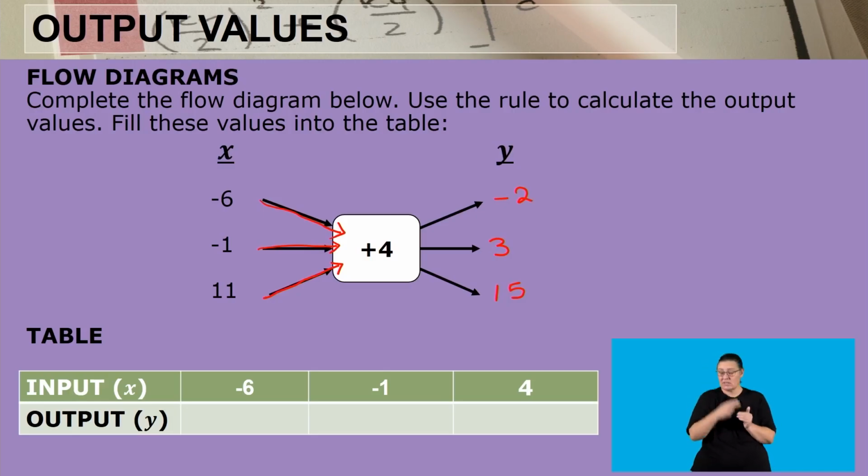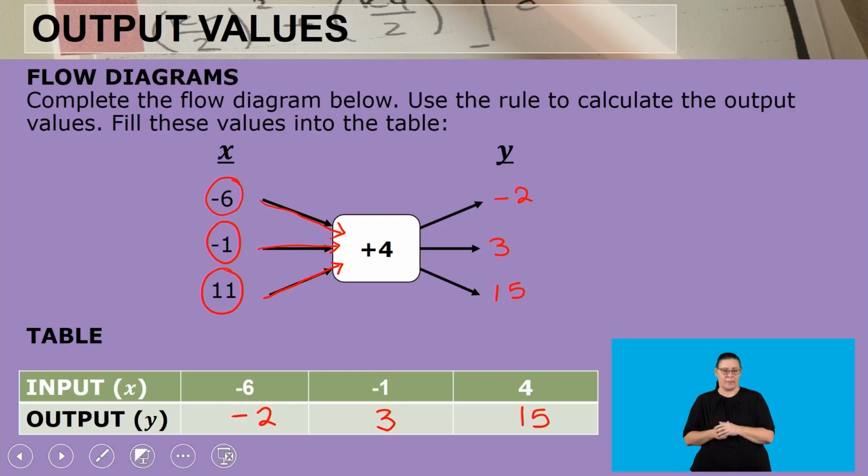Remember, the result that we get from using the input values. So if we fill those into our table, when the input value was -6, our answer was a -2. When the input value was a -1, our answer was a 3. And when the input was an 11, our answer was a 15.